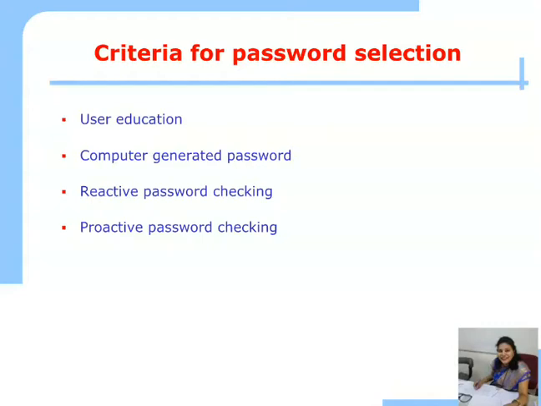Normally many users keep a password that is easy to remember and difficult to guess, and you should keep your password easy to remember but hard to guess by following all the characteristics that I have explained in the previous slide. So let us see the criteria for password selection. First is user education.